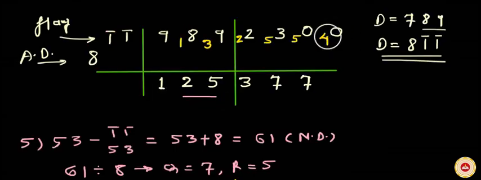See friends, we didn't calculate the fourth quotient digit because we know that when we calculate the net dividend out of this gross dividend 40, the net dividend will definitely be positive. So here we don't need to reduce the last quotient digit 7 by 1. So we wrote the final answer.